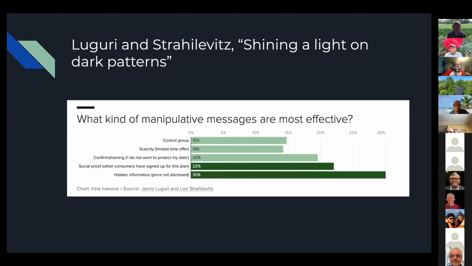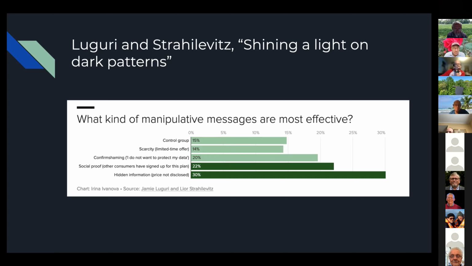They also, in another experiment, a related experiment, ran a bunch of different types of dark patterns. So there was one that said, there's only three free trials left, limited time offer. This is going to run out in 10 minutes, which is a scarcity pattern.